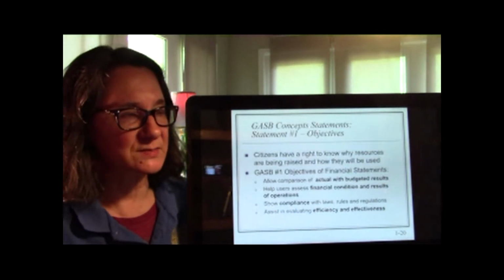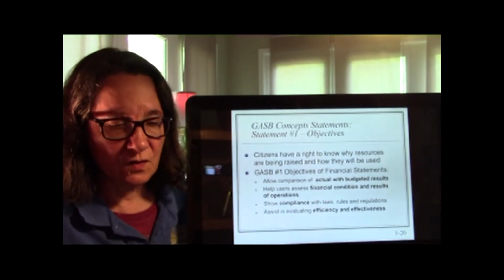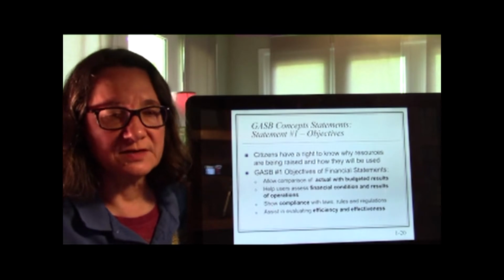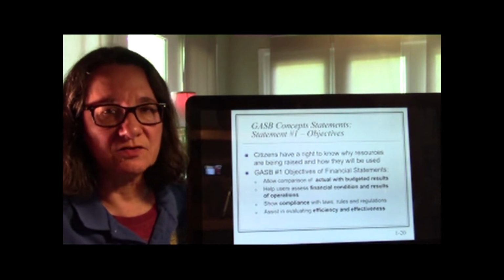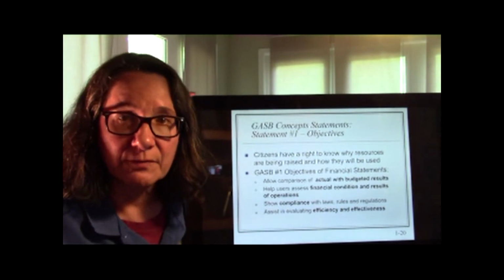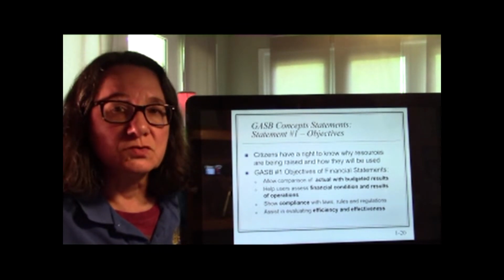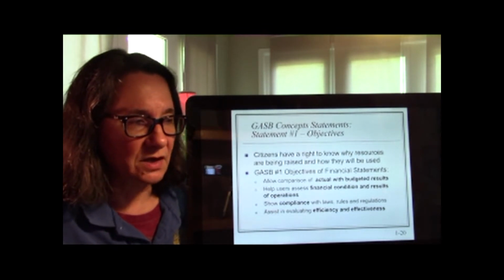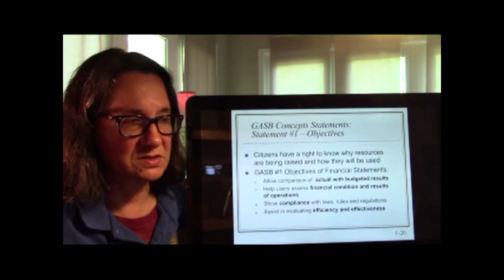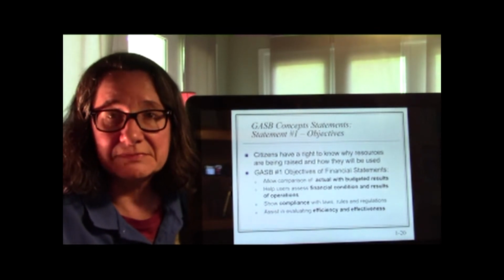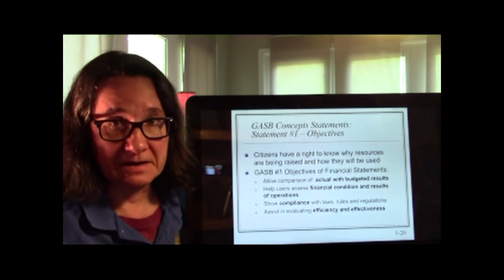GASB has concept statements, and this is where they're letting us know what's important for a city, a state, a university, something that's below the federal government level, a school district. So citizens have the right to know why resources are raised and how they'll be used. If you're going to take taxes from me, which is what these entities do, I don't have a choice.